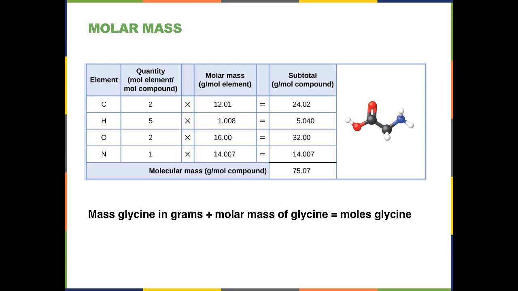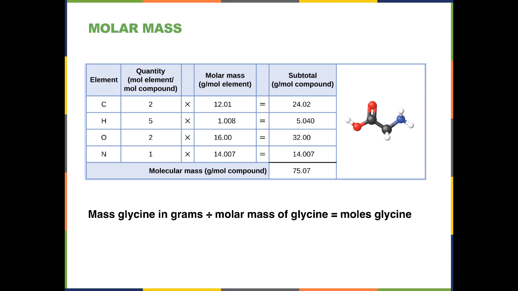There's 2 carbons, so 2 times 12.01, which is 24.02. 5 hydrogens, so 5 times 1.008, or 5.040. 2 times 16 for the oxygen, and 1 times 14.007 for nitrogen.